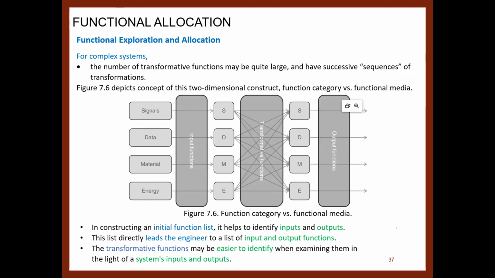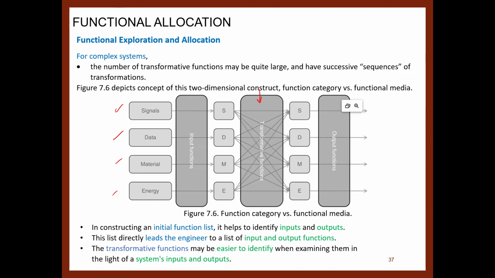So here's a diagram that is trying to illustrate what we just discussed. For a complex system, the number of transformative functions may be quite large and have successive sequences of transformations. But here we only have one transformation area, which is this one. You see the four mediums here: signal, data, material, energy. Those are serving as inputs.